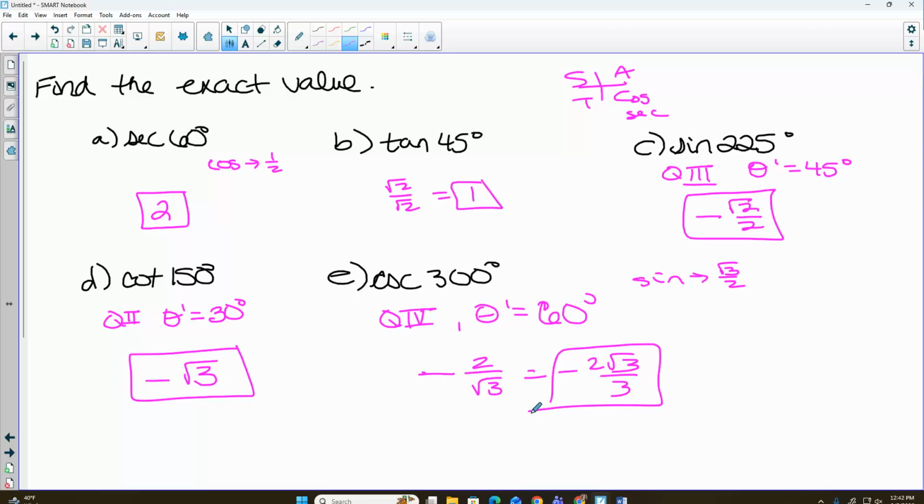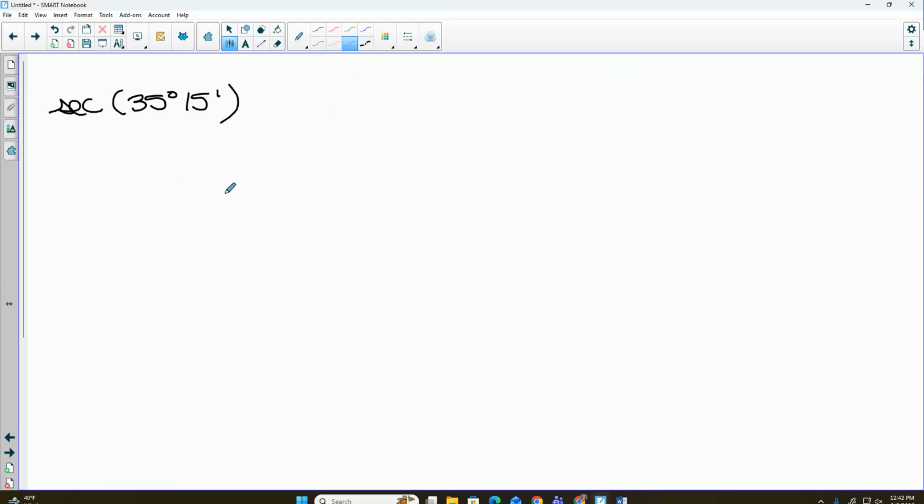The next thing we did, we had that section with just making sure we knew how to do things on the calculator, so nothing too crazy there. If I gave you something like secant of 35 degrees, 15 minutes. We don't have a secant button, so how do we type that in? Yeah, the second gives us the angle. So to get secant, we have to do 1 divided by cosine.